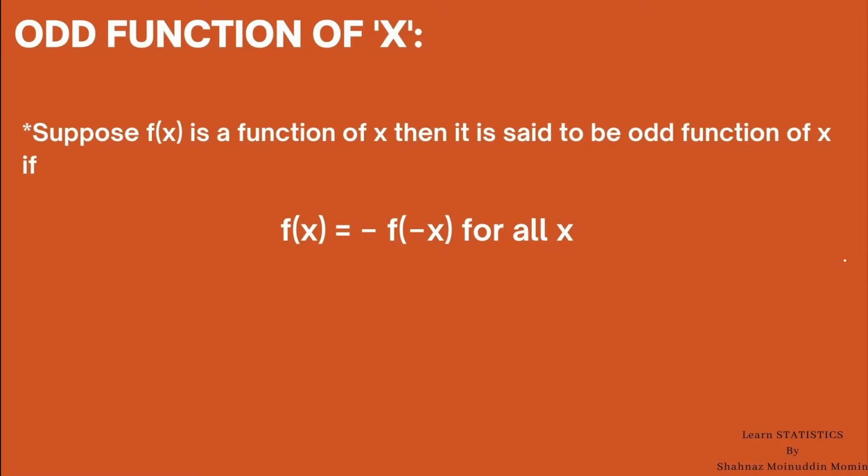It is said to be an odd function of x if the condition holds that when we replace x with minus x, the value of f(x) equals minus f(minus x). Meaning, if we change all the values of x in a function to its negative, minus x, the resulting value is minus times f of minus x.